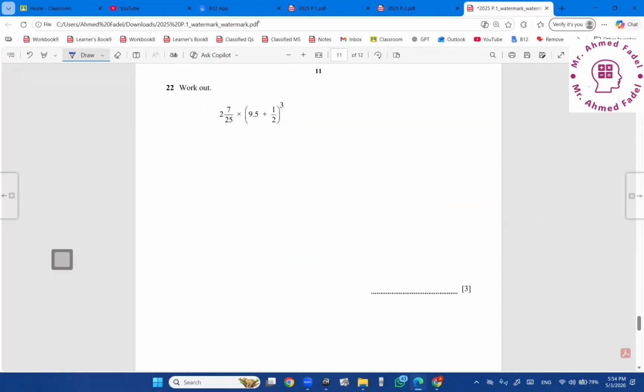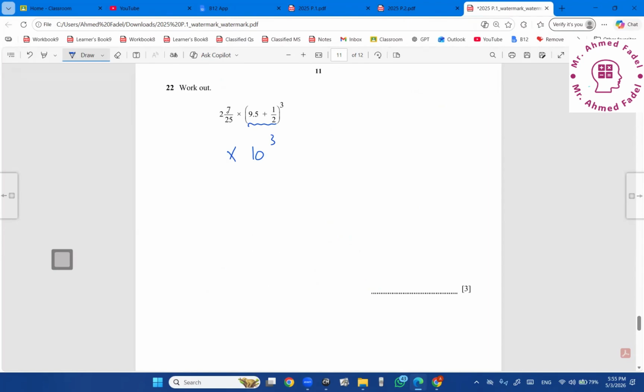Here in this question, you should know that it is easier to get rid of this fraction into the decimal by adding them up. 9.5 plus a half is 10 cubed. But you're multiplying it by what? 2 and 7 over 25.